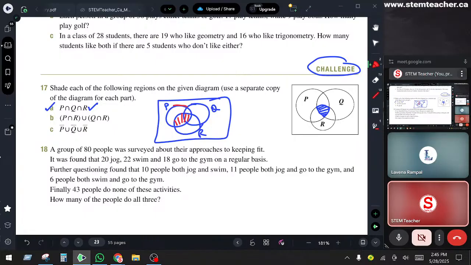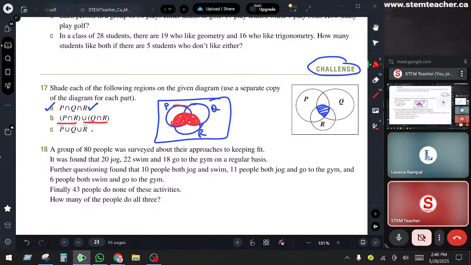And now Q intersection R means you have to shade like this. This is your P intersection R union Q intersection R. I added the entire portion.